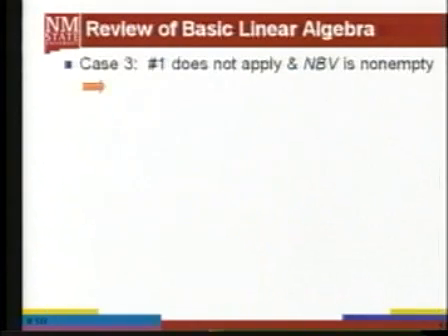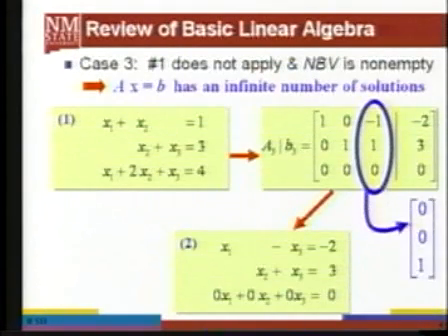What about the last case, case number 3? This is the case where case number 1 does not apply and the set of non-basic variables is non-empty. So in this case, AX equals B has an infinite number of solutions. To illustrate this, we recall example number 4 covered today.